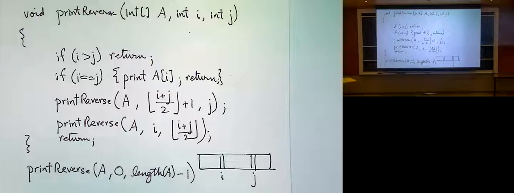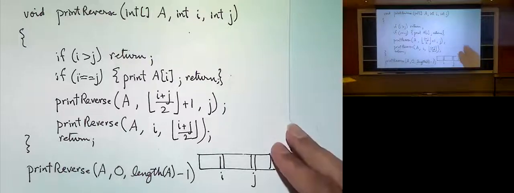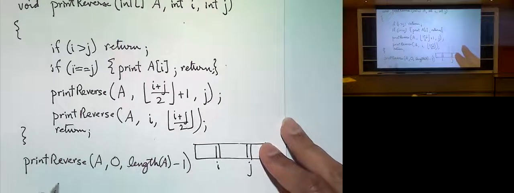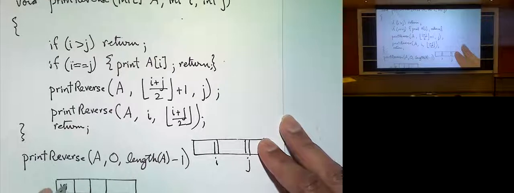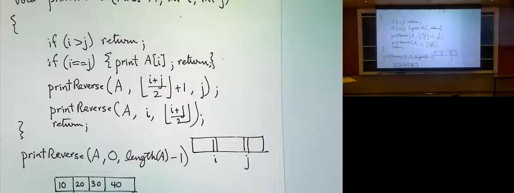I'm going to pause now. I'll give you a few minutes to look over the code. What I recommend that you do is I'm going to give you an array of length 4, and I want you to run this code on paper so that you understand what's going on. Try to run it on paper, or mentally if you can, but do it on paper. Run it on this array with the indices 0 and 3.